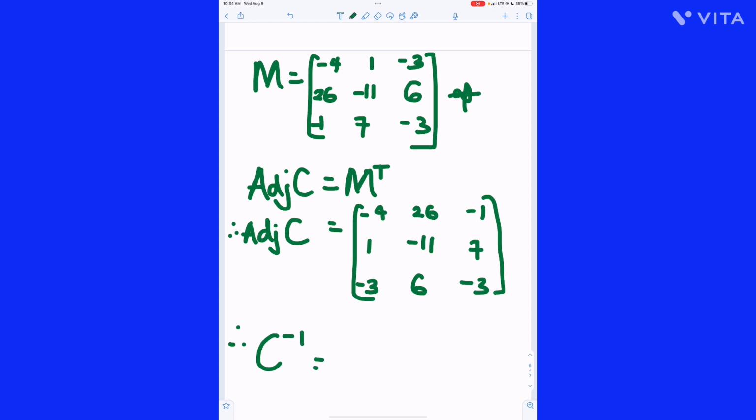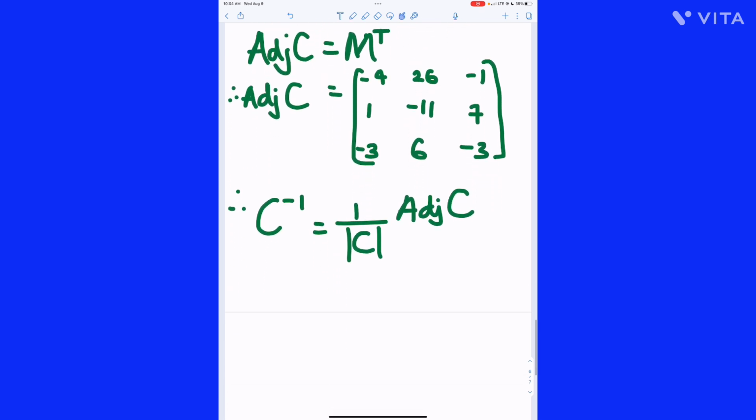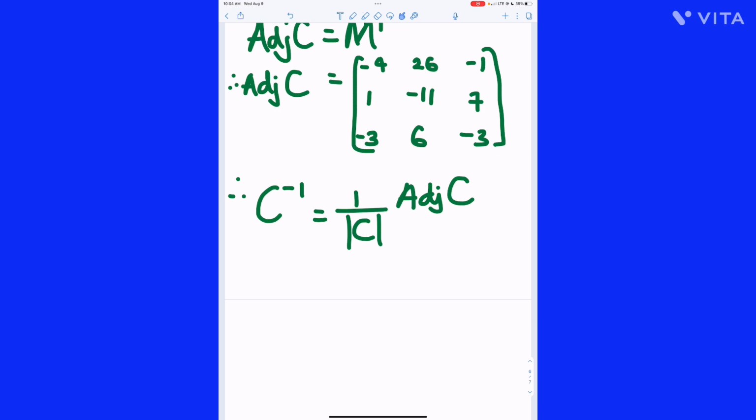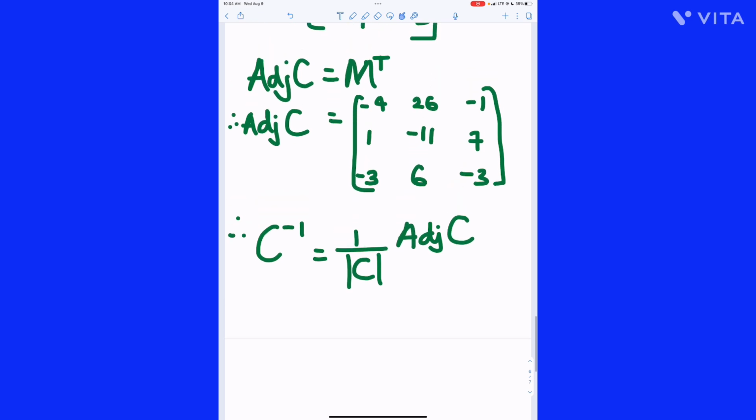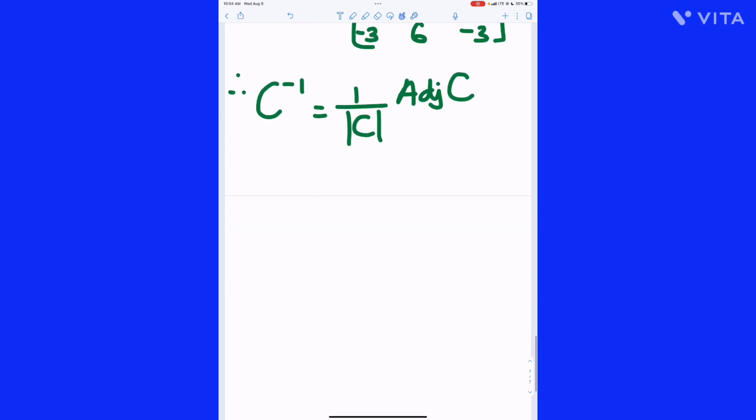The inverse of C should be the adjoint of C divided by the determinant of C, or 1 over determinant of C times adjoint of C. So all I need to do now is put the two together. What's my determinant? I'll write it down. 1 over, then multiply it by my adjoint.